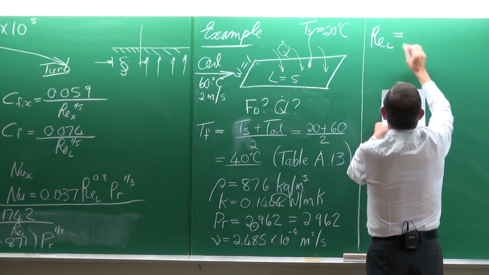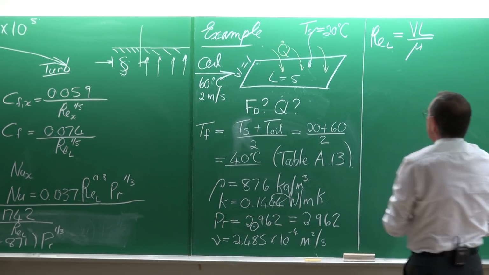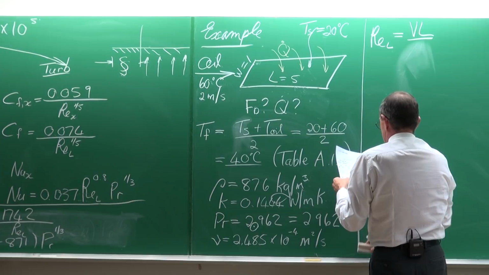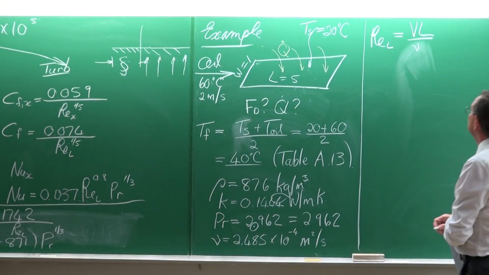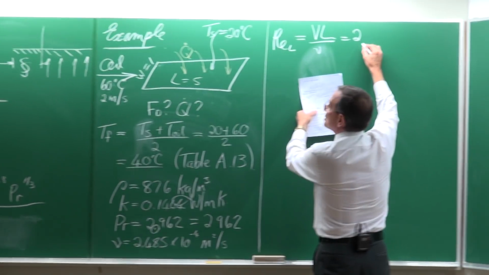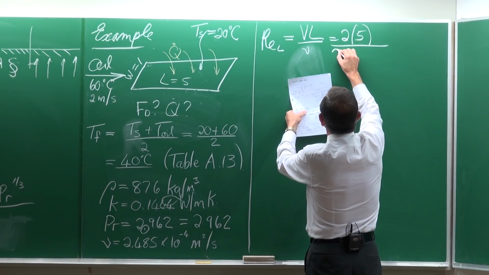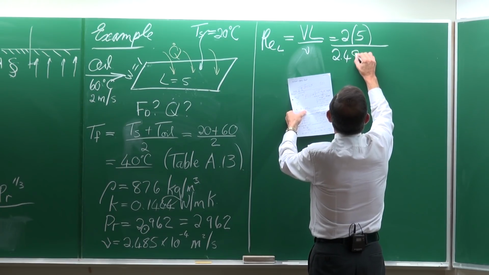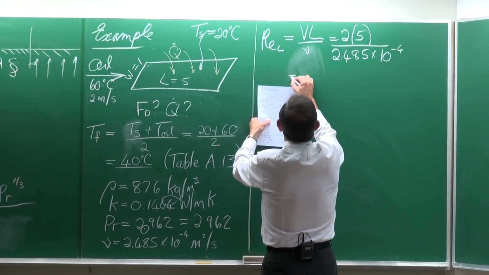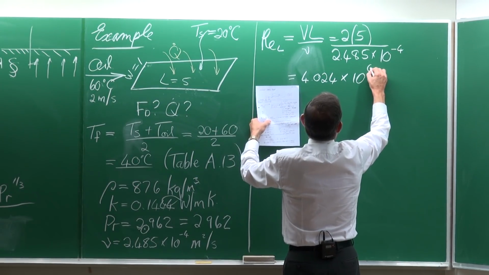We call it Reynolds over the length L, which would be equal to the velocity multiplied by the length of the plate divided by the kinematic viscosity, which is then equal to the velocity, which is 2 meters per second, the length is 5, and the kinematic viscosity is 2.485 multiplied by 10 to the minus 4, and that gives us a Reynolds number of 4.024 multiplied by 10 to the 4th.